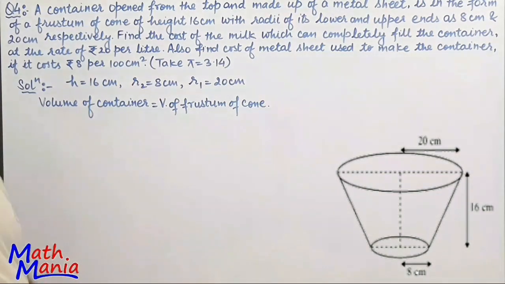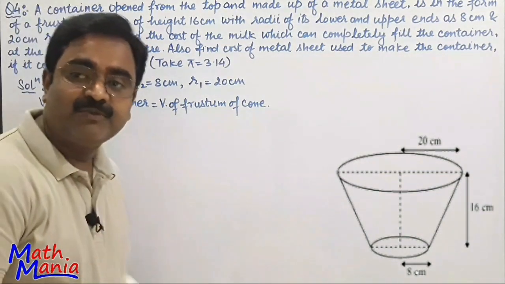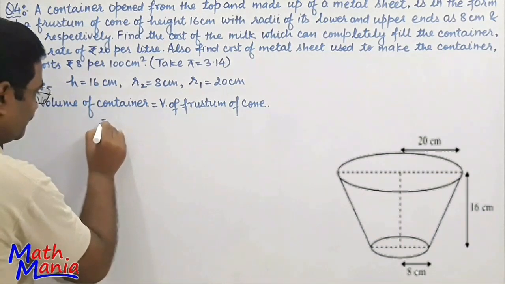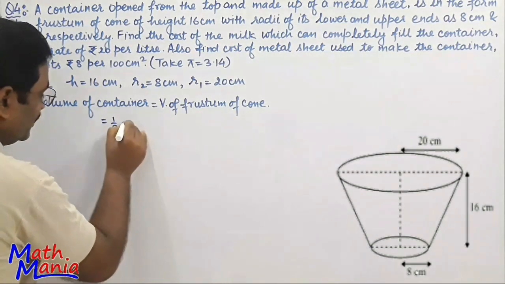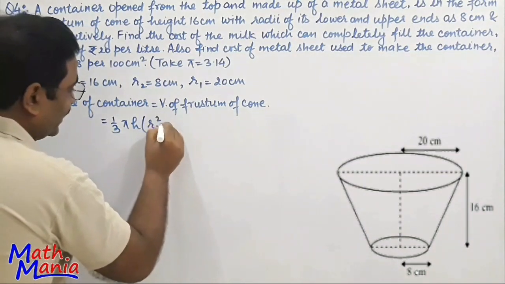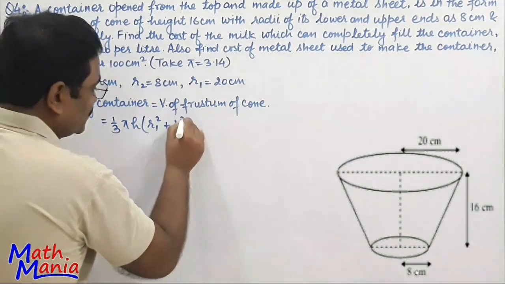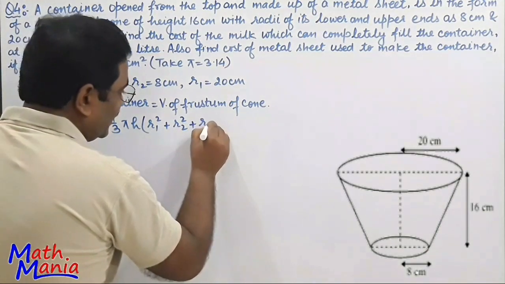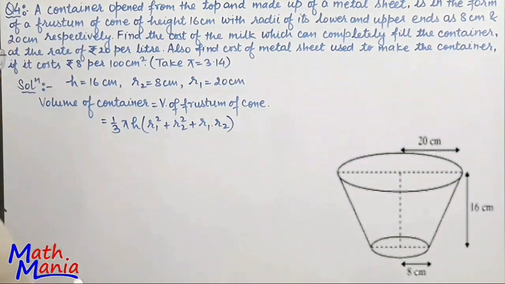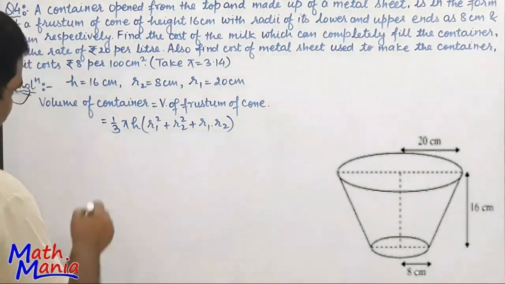And we know the formula of the volume of a frustum of a cone is 1/3 pi h multiplied by r1 square plus r2 square plus r1 multiplied by r2. Let us substitute the values in it.